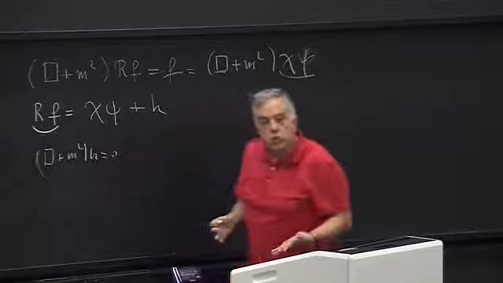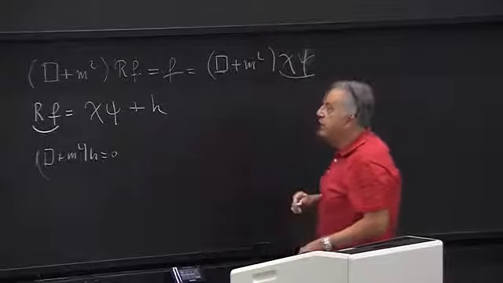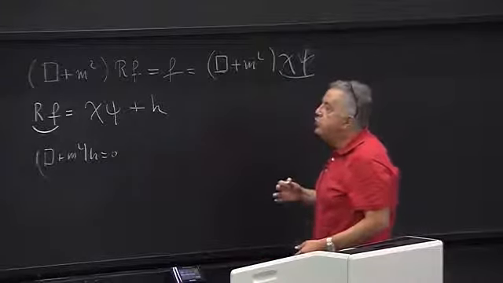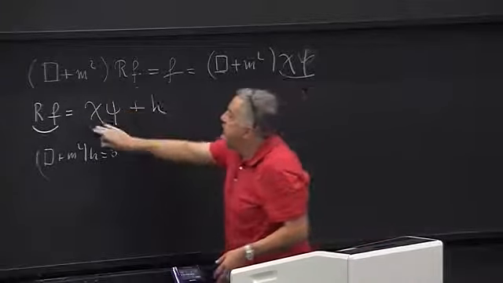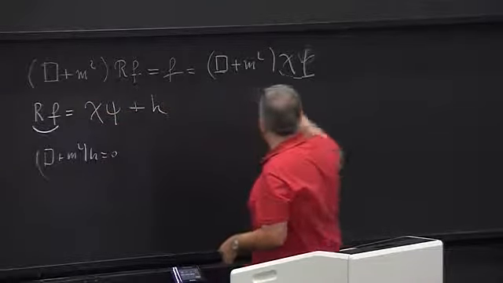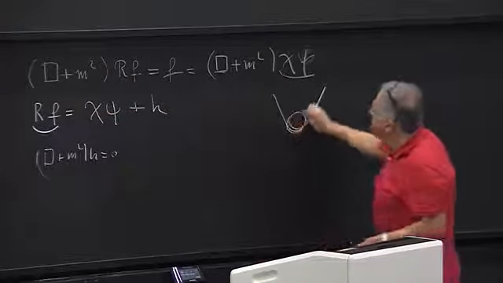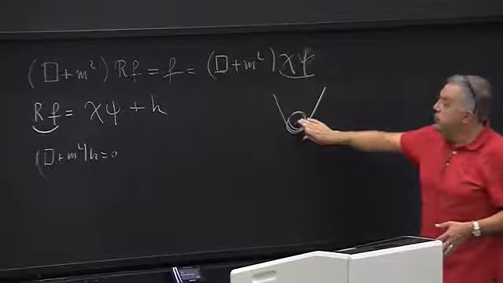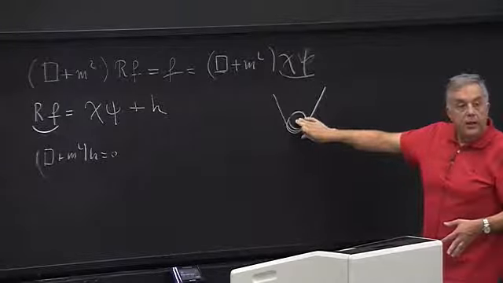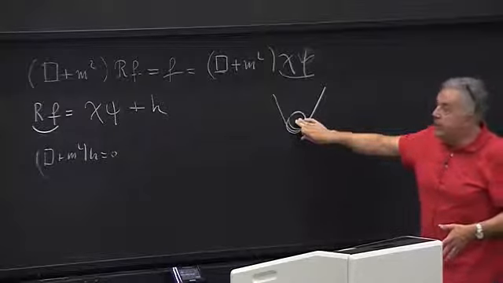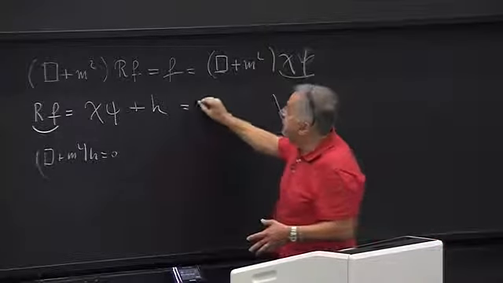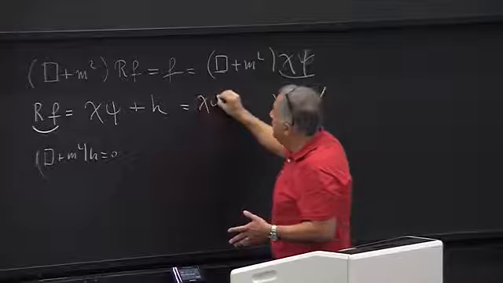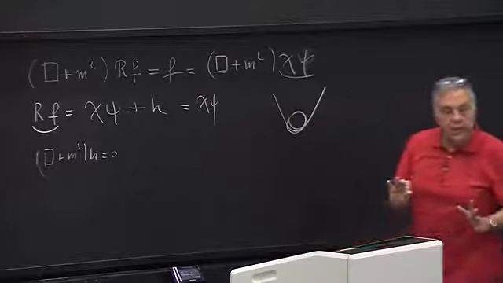Okay. Which solution of the homogeneous equation? It has to be that solution such that this thing has the right boundary properties, meaning it has support in the future of the initial data. And so you see that R of f is just equal to chi of psi without computing it.